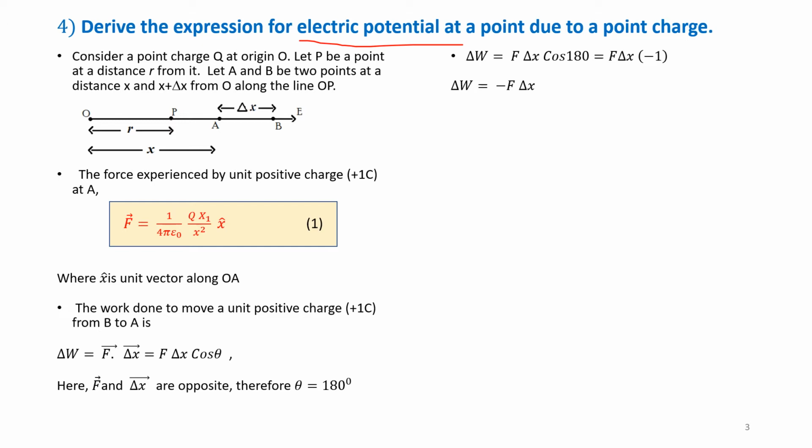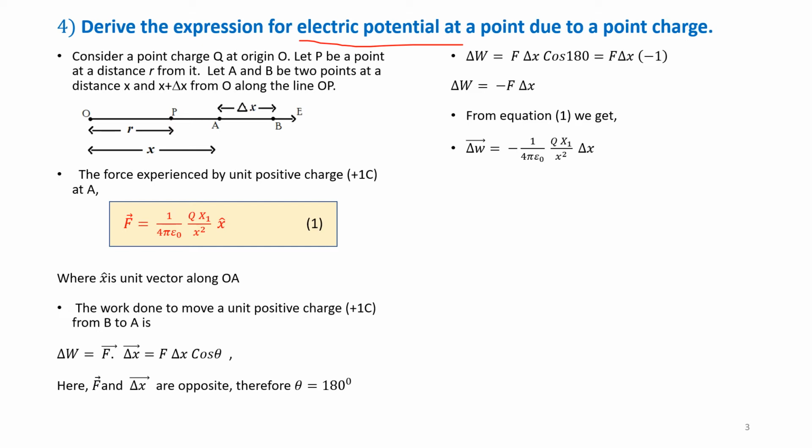So, delta W is equal to F into delta x into cos of 180, that is F delta x into minus 1. That is delta W is equal to minus F into delta x. So work is done against the force.